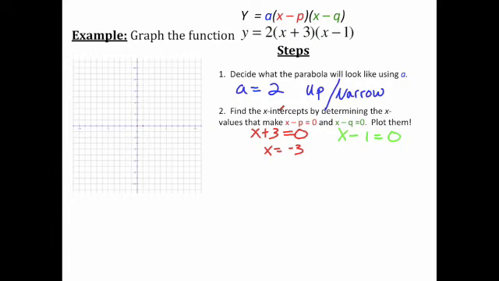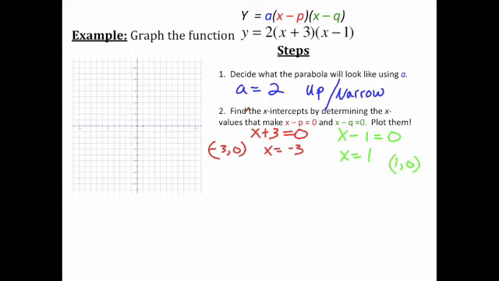And then the second value should be 1. Now, as I stated, these are points on the x-axis because as an input-output relationship, they force y to be 0. So literally, I can make the ordered pair negative 3, 0, and also the ordered pair 1, 0 as a result.